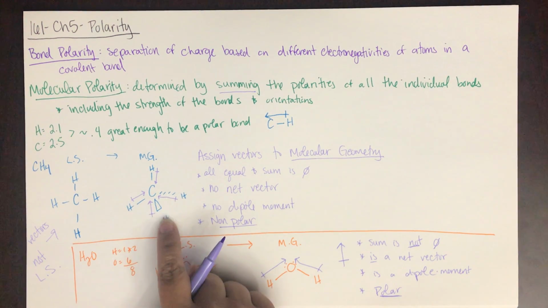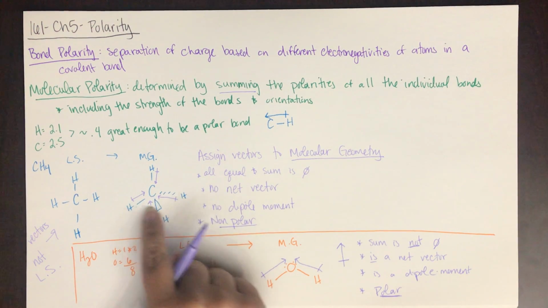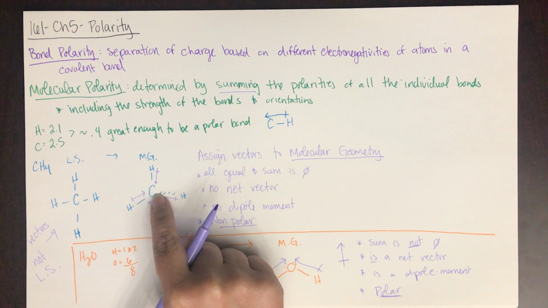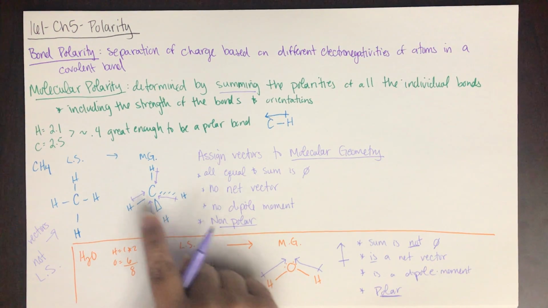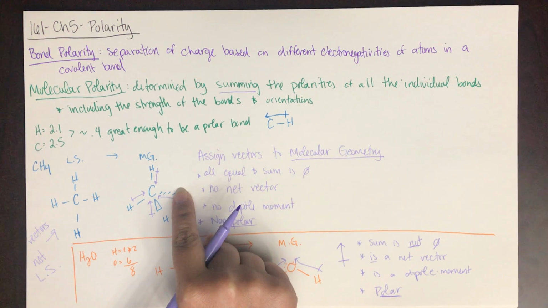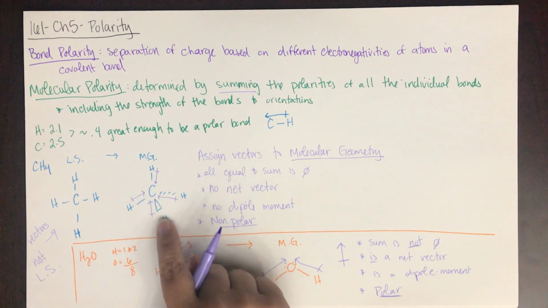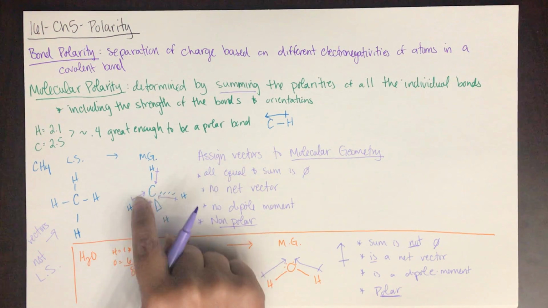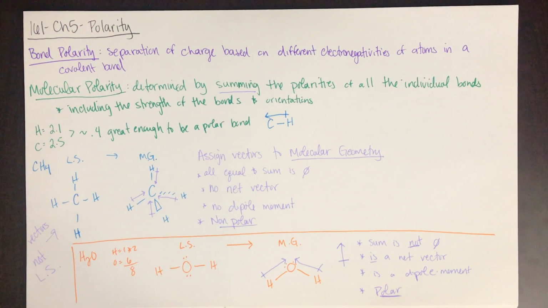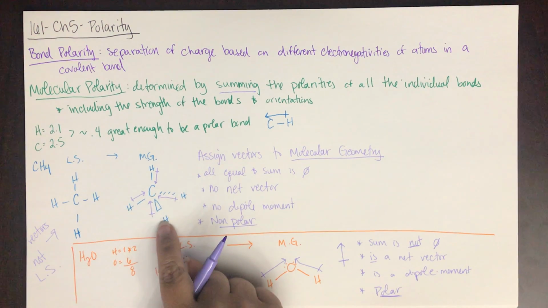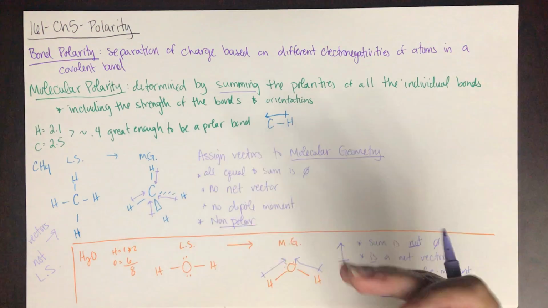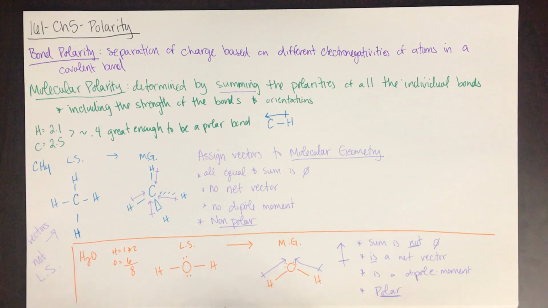Equal in magnitude, meaning all of these have the same magnitude bond. They're all carbons and hydrogens. If this was carbon and then this was chlorine and these three were hydrogen, then it would be polar because there's a different electronegativity between the carbon and the chlorine than there is between the carbons and the hydrogens. So it has to be different in magnitude, or it has to have an angle that's not going to cancel each other and not going to equal 0.